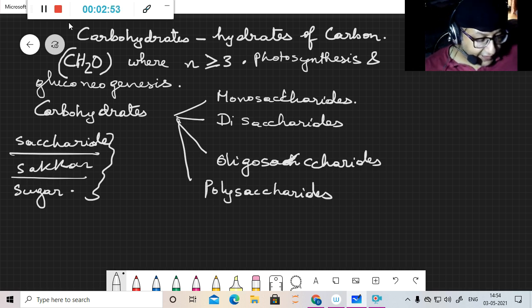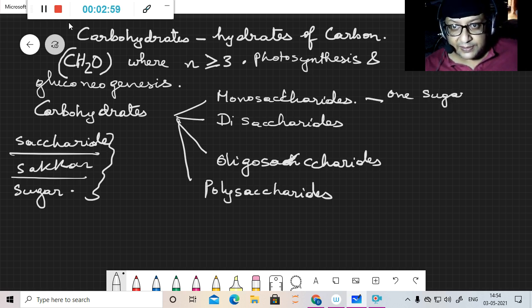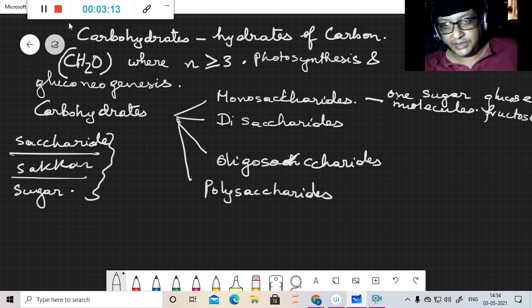So monosaccharides are where you have one sugar molecule. Examples: glucose, fructose, galactose, all these things you have heard.